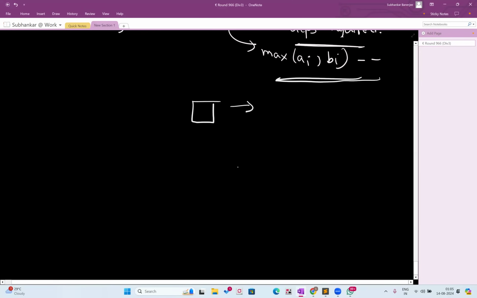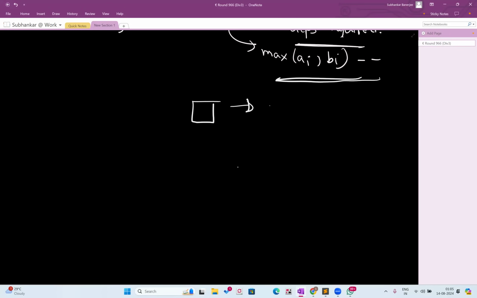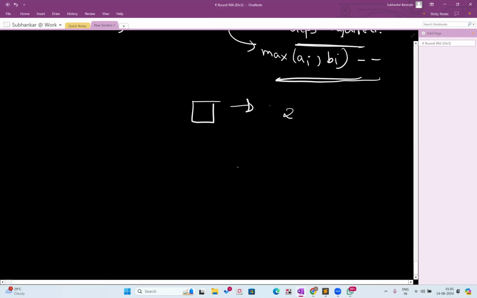So basically, for this part you can just assume that if 1 cross 1 is reached, then we can just add 2 to the score, right? Or actually we can do something better: here a equal to 1, b equal to 1 for the 1 cross 1 square.